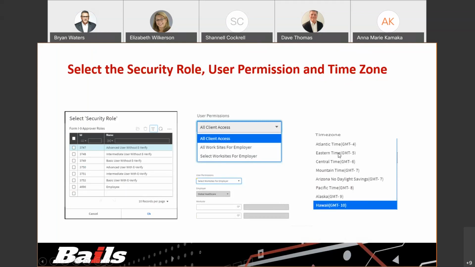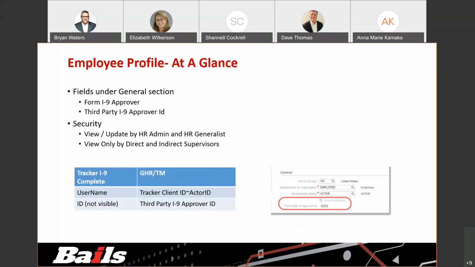You also would select the time zone they're in, since you may have different locations, so that I-9 Tracker knows what time zone that approver is in. Under the employee profile at a glance, the form I-9 approver is created, and the third-party I-9 approver ID is presented at that time.